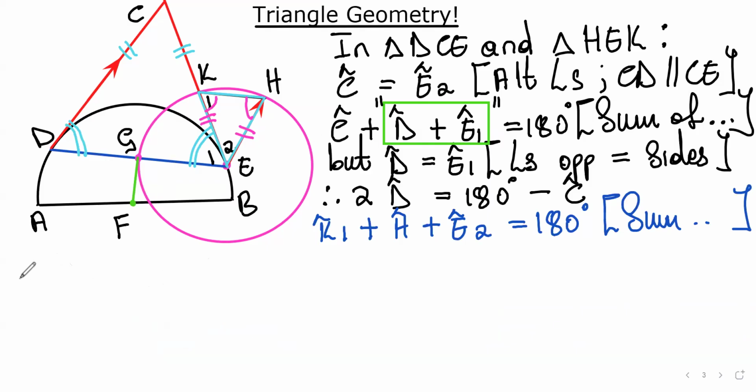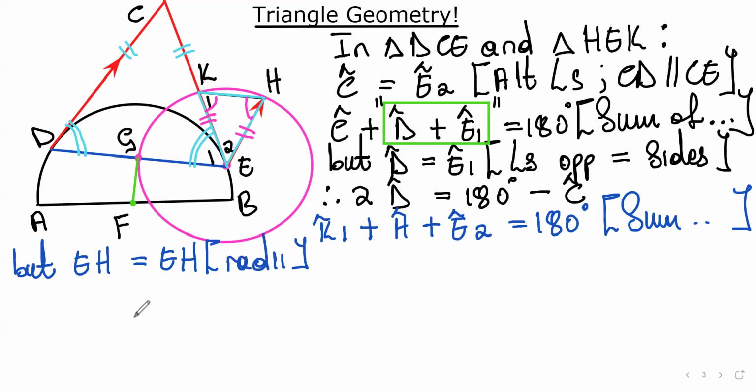We say, okay, fine. We know that EK, yeah, we can actually say a but here. It fits. But EK is equal to EH because they are, that, which means that angle K1 is actually equal to angle H. All right?